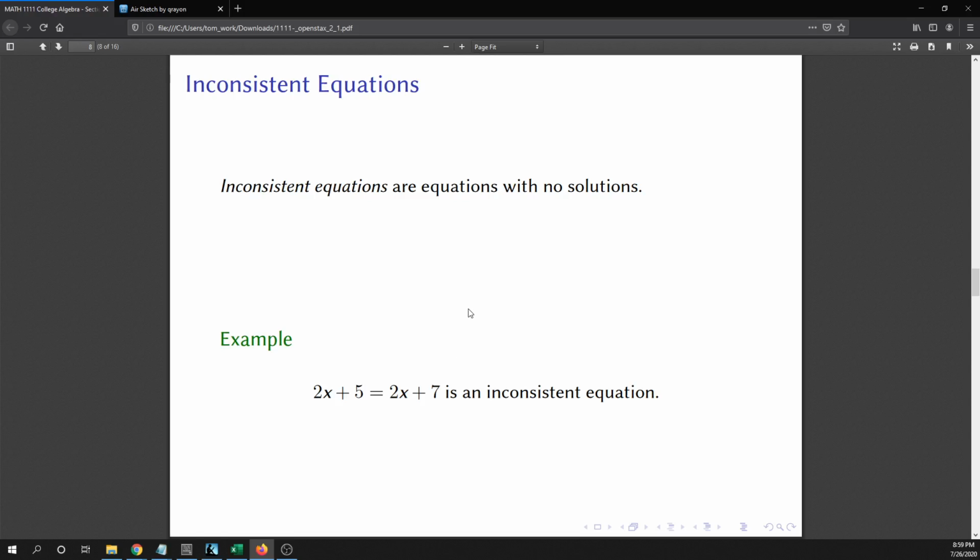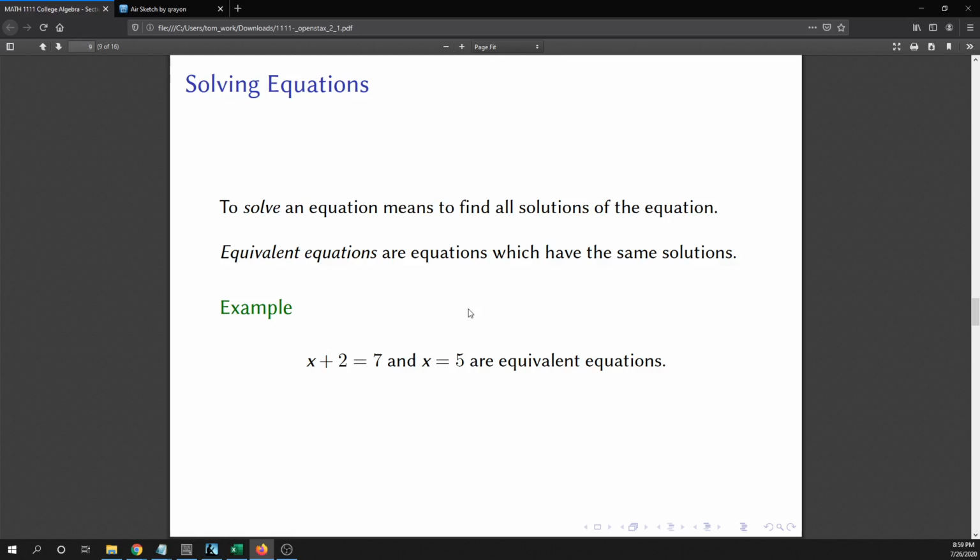All right, so those are the 3 types of equations. When we say we want to solve an equation, what we want to do is find all solutions of the equation.